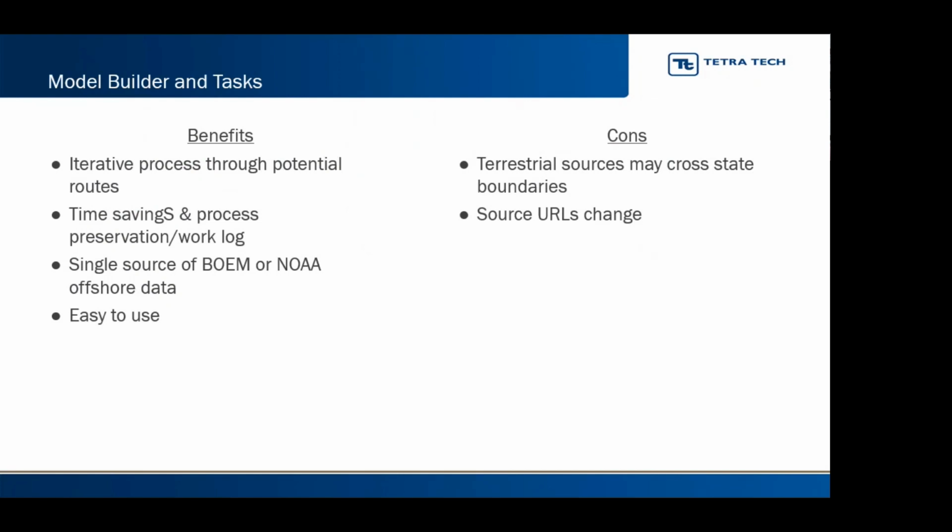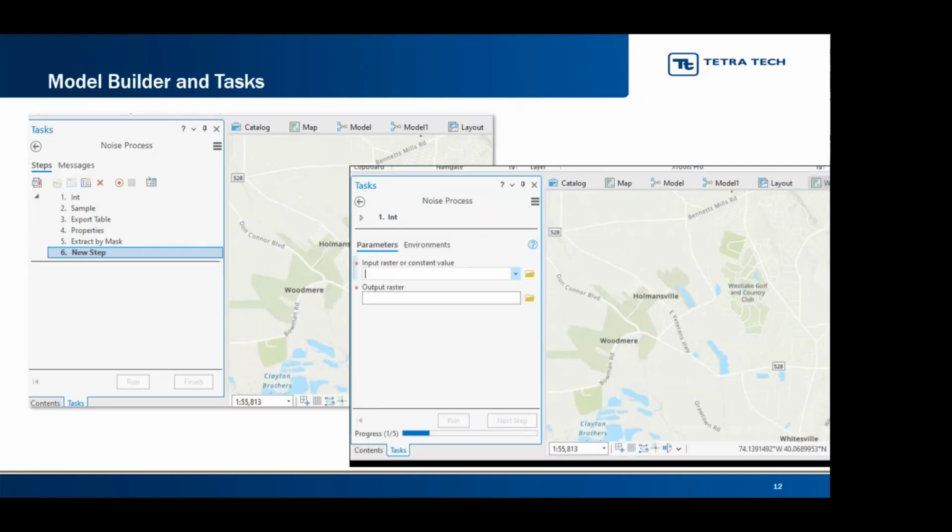So we still have to finagle that a little bit. Some of the nearshore resources, archaeology resources, eelgrass, those still are state driven, and so we have to have an individual process for some of those, and inevitably URLs break and change. So models aren't completely hands-free, but they were the obvious choice for creating a workflow that many teams could adapt to quickly.